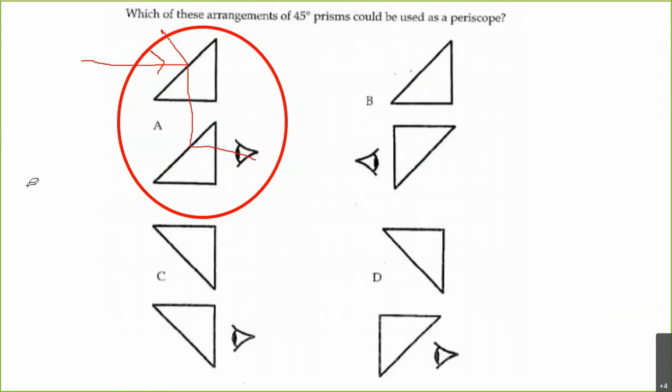Let me draw my normal in properly. So this is my normal in aqua. That's my normal. So if you look, my normals line up. This is what I should have.